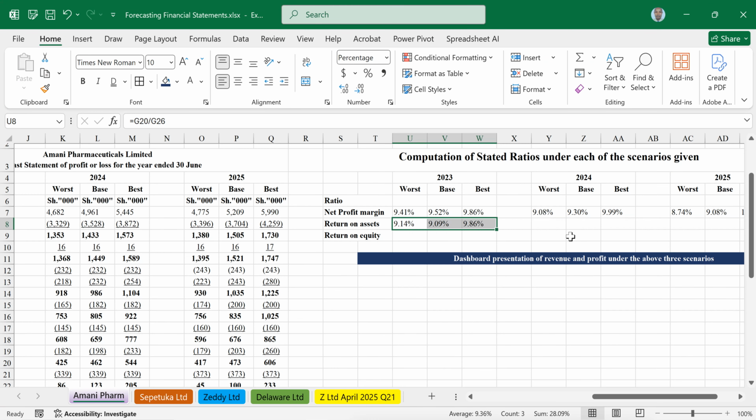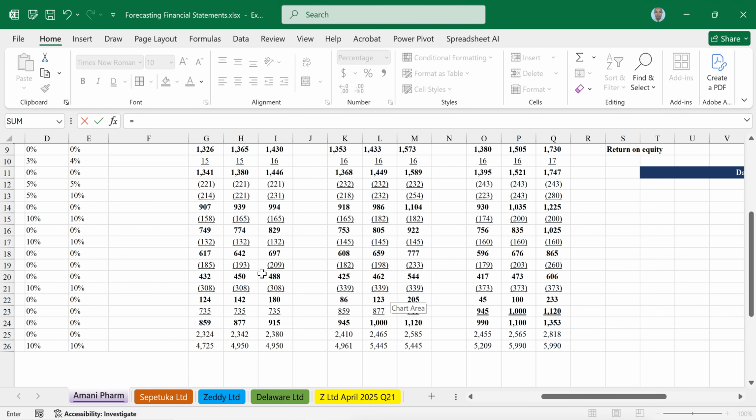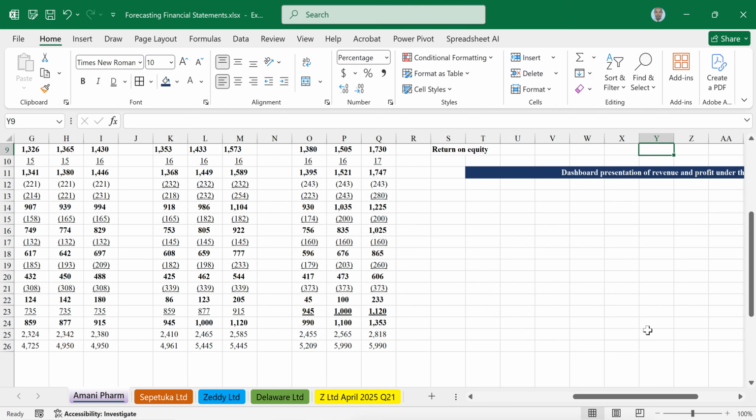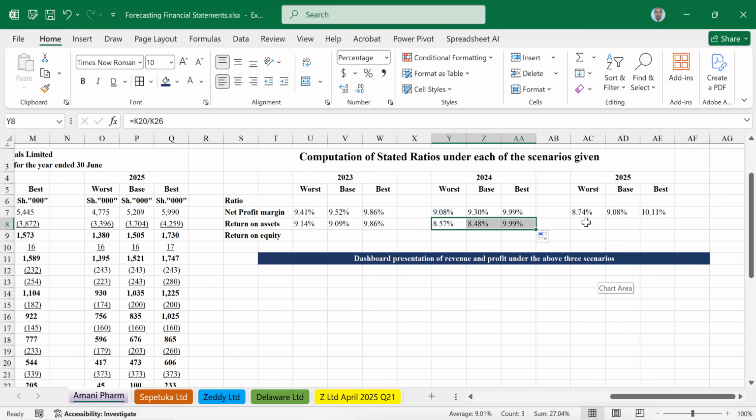Do the same for 2024. Now 2024, again, profit, the 425, divide that with 4961. And that will be copied across. Finally, the last one, equal sign.